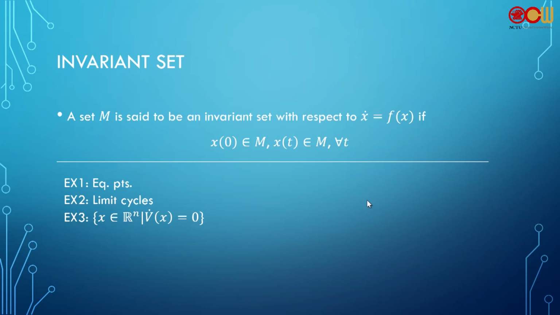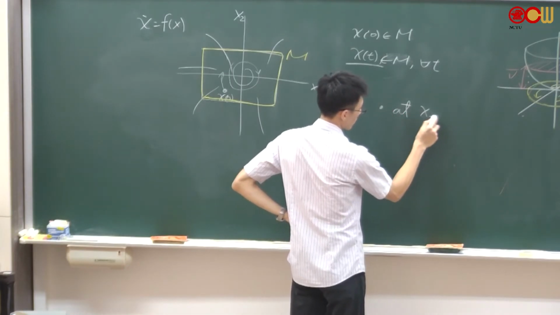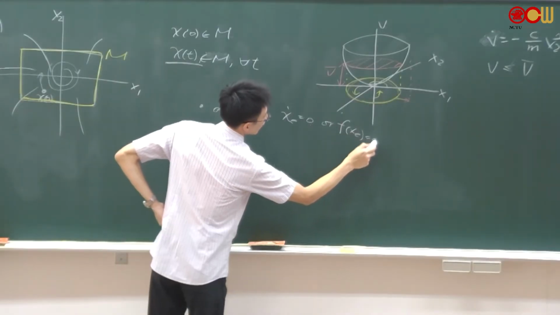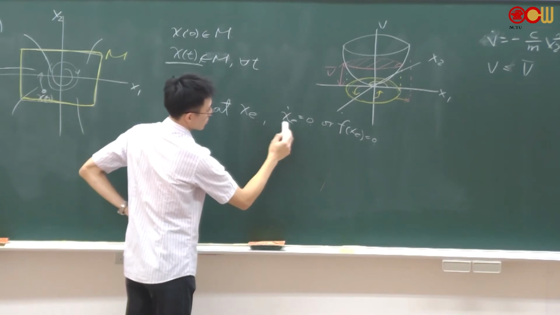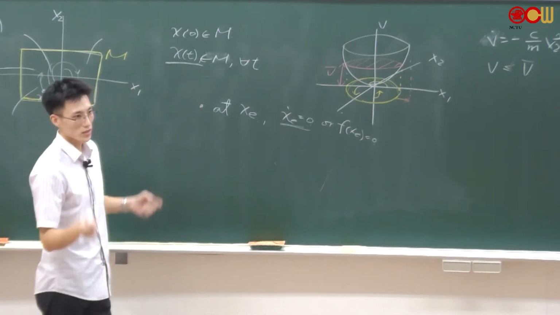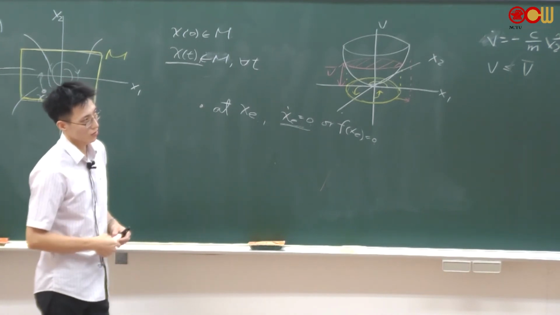So what are examples of an invariant set? Equilibrium point, right? If it stays at the equilibrium point, it never leaves, because at the equilibrium point the dynamics is 0. It's stationary. It doesn't go anywhere, right? So once it stays in the equilibrium point, it's always in the equilibrium point.